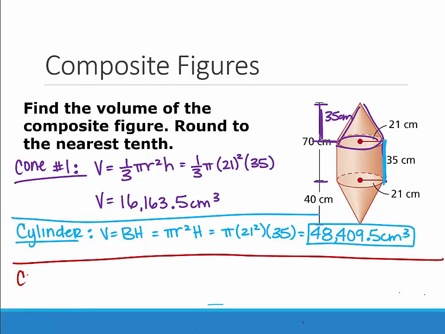Now, the last one we got to do is cone number 2. What's on the bottom? So 1/3 pi r squared h. 1/3 times pi. The radius is nice and the same for all of these. And then the height of this one, they tell us, is 40.